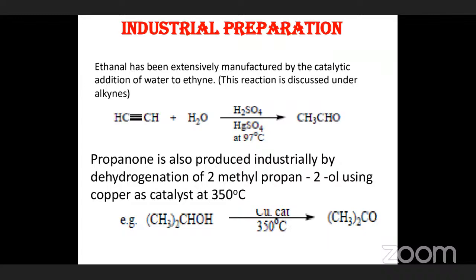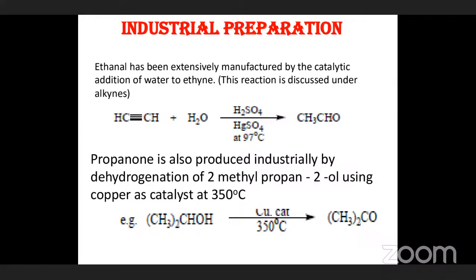So you add water to ethyne, for instance, in the presence of sulfuric acid and mercury sulfate at 97 degrees, and you will get ethanal. It's also called acetaldehyde.